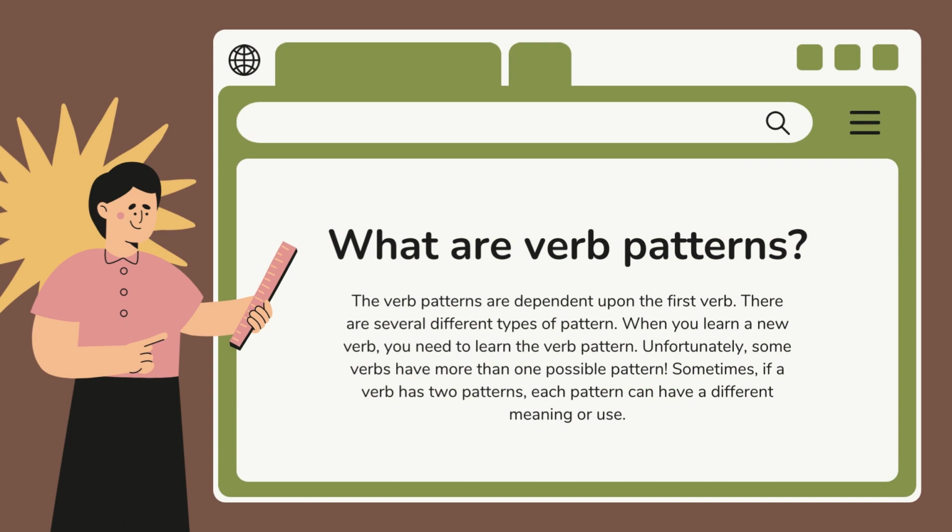So what are verb patterns? The verb patterns are dependent upon the first verb. There are several different types of pattern. When you learn a new verb, you need to learn the verb pattern. Unfortunately, some verbs have more than one possible pattern, and sometimes if a verb has two patterns, each pattern can have a different meaning or use.